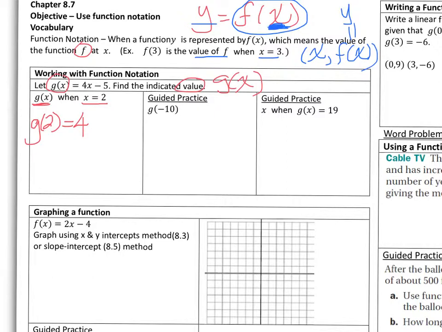So when x is 2, g of 2 is 3. So we could look at it like this: 2, g of 2, 2, 3.